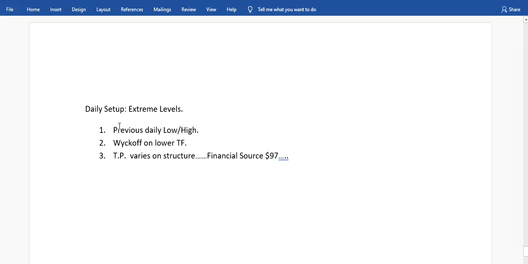Look at the previous daily low, daily high, the Wyckoff. Use the Wyckoff. Like I said, if you don't understand what Wyckoff is, YouTube it, Google it. I think there are videos that are best suited to make you understand what a Wyckoff is. And then the target price, this depends on your target again, daily targets, whether you want to use structure, volume, or fundamentals, because this is just an entry, how to place an entry without considering the context.